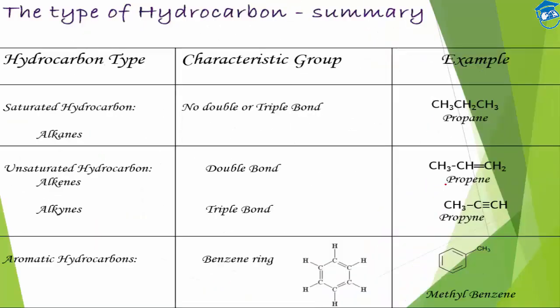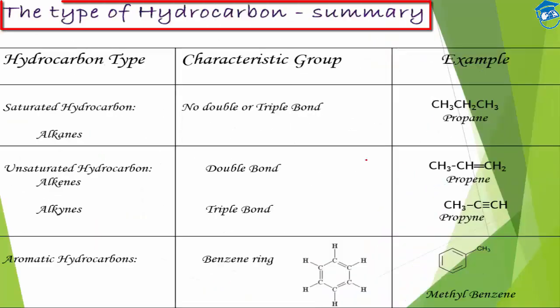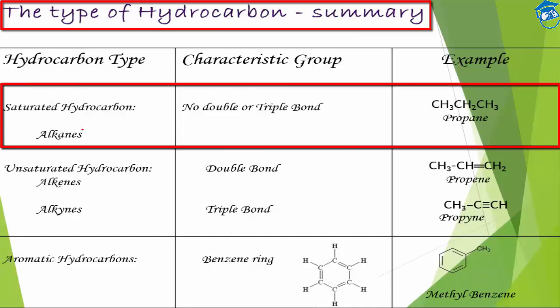So let's summarize the types of hydrocarbon. First, saturated hydrocarbons, that is alkanes, and they will not contain any double or triple bond. For example, propane, methane, ethane, whatever. So ane will be the suffix.